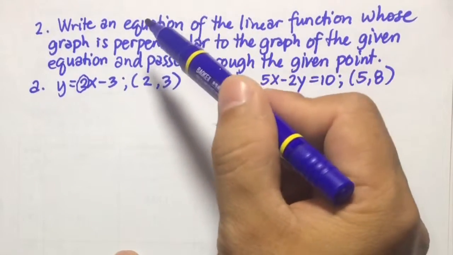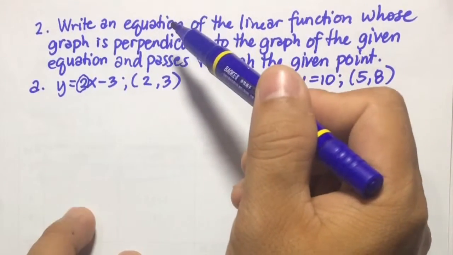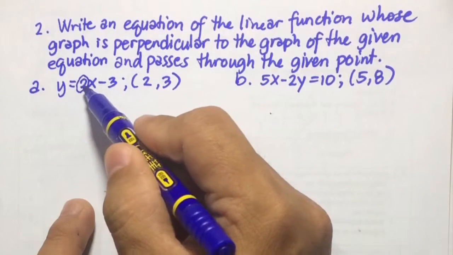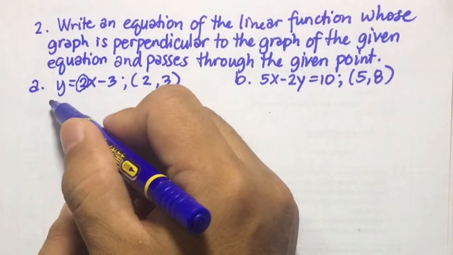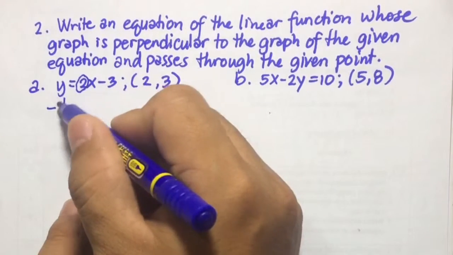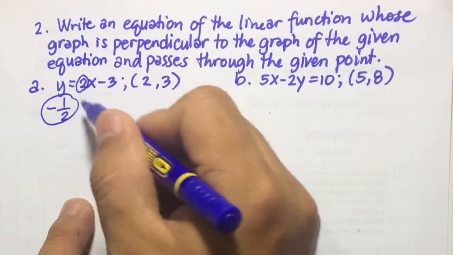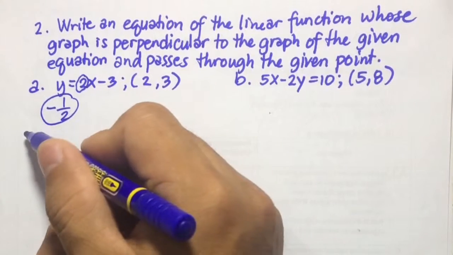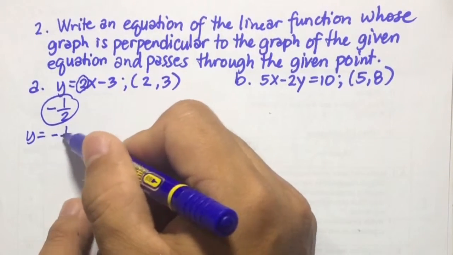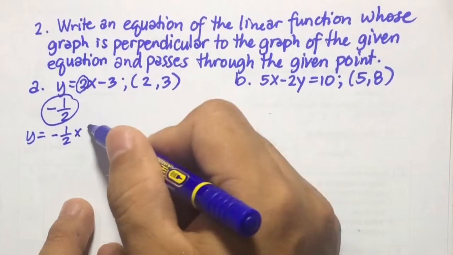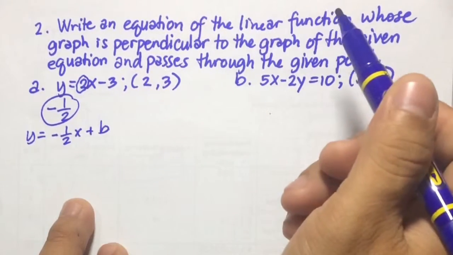Since we're going to have the perpendicular line, we're going to have the negative reciprocal of 2, which is negative 1/2. So this is our required slope, meaning our required equation will be y equals negative 1/2 x plus b.